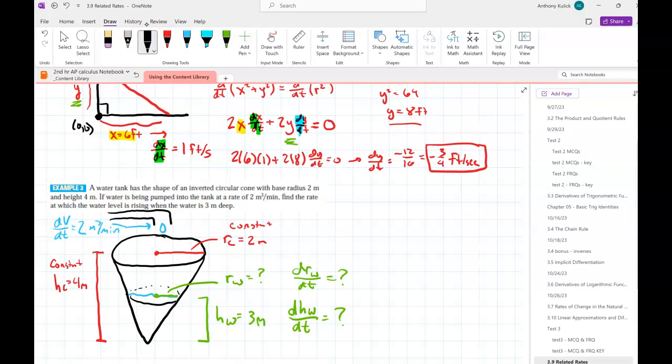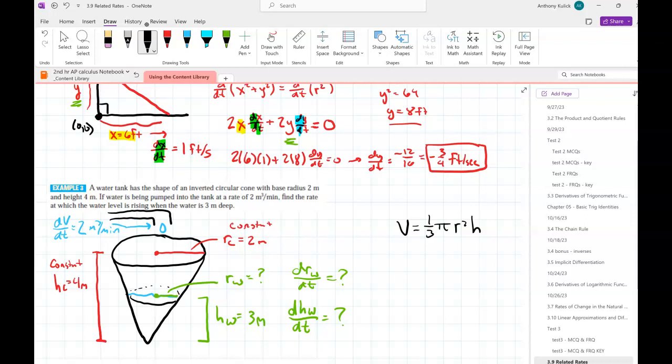All right. What is the equation that relates these quantities together? Braden? The volume of a cone. Great. Yes. Good pull. Everybody's good here? Okay.